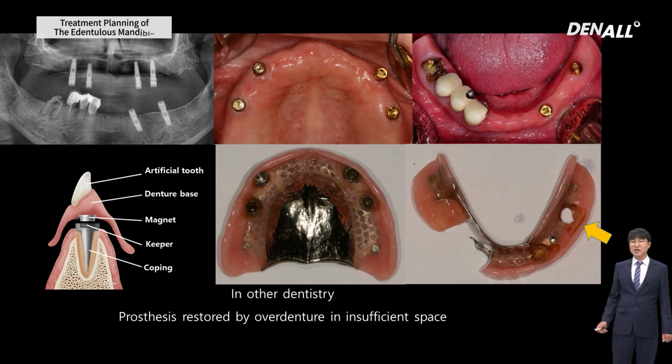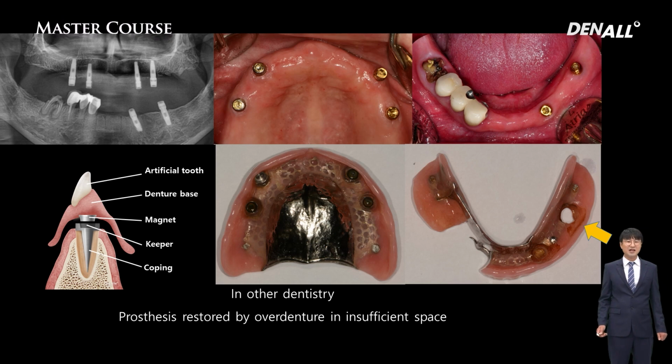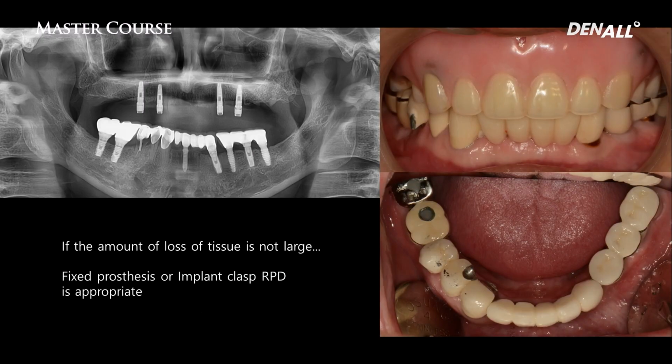With insufficient space, using overdenture is not a very good option. It was done at another dentist, but there was a lot of fracture and problems. So on the lower side, I switched to fixed prosthesis. Then on the mandible, there was no problem.